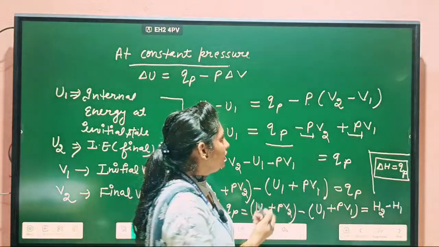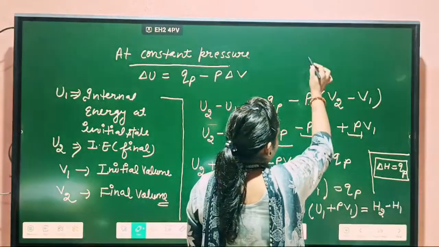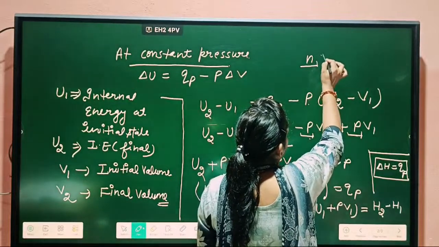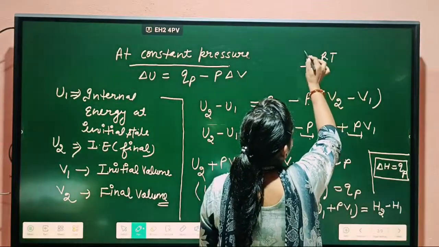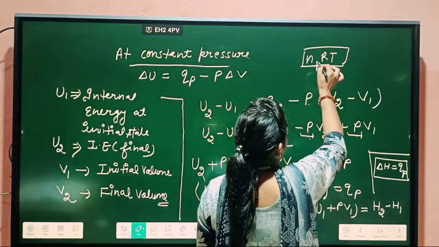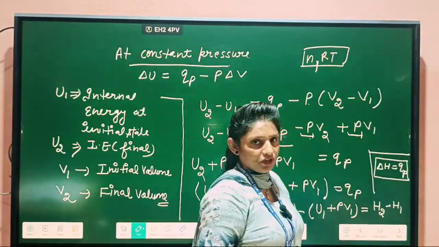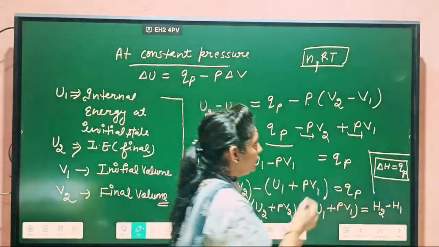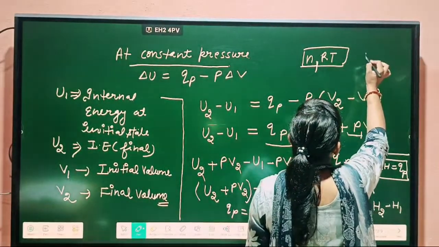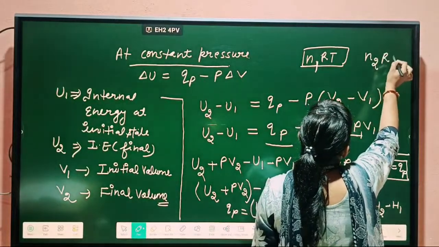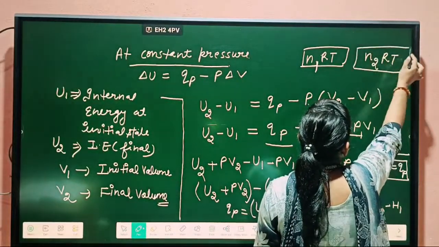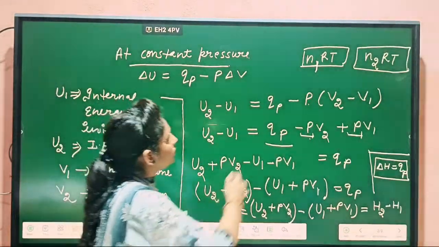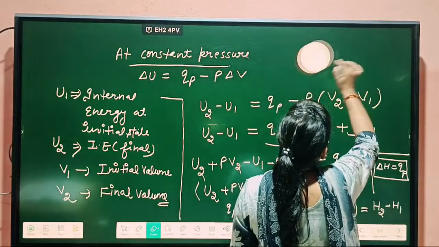So for the first one, we can write N1 RT. If you are taking constant temperature, then the number of moles are changing here. Here you can write N2 RT, and then you can do the same expression. Clear or not? So students, this is all about the enthalpy.